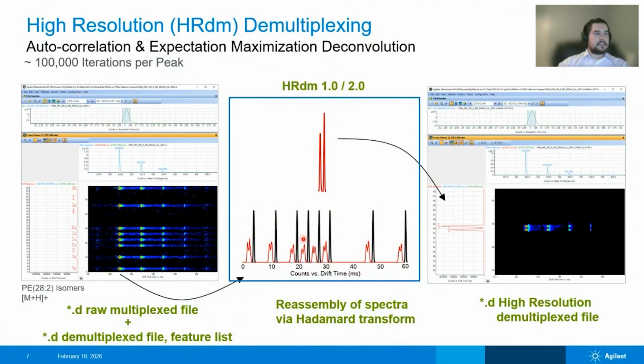So when you fully run the workflow, not only do we get the benefit of all of these individual signals coalescing into a single drift time, boosting our signal to noise, but we can also apply that high resolution demultiplexing algorithm to help increase the resolution.